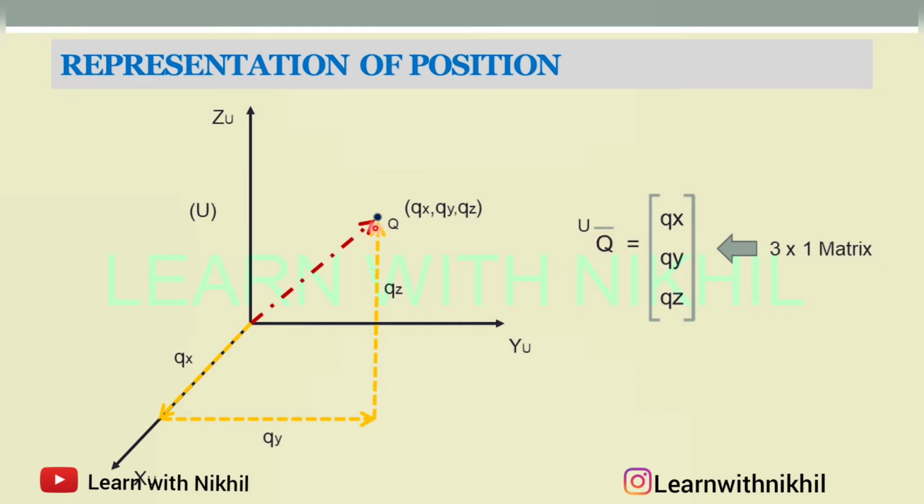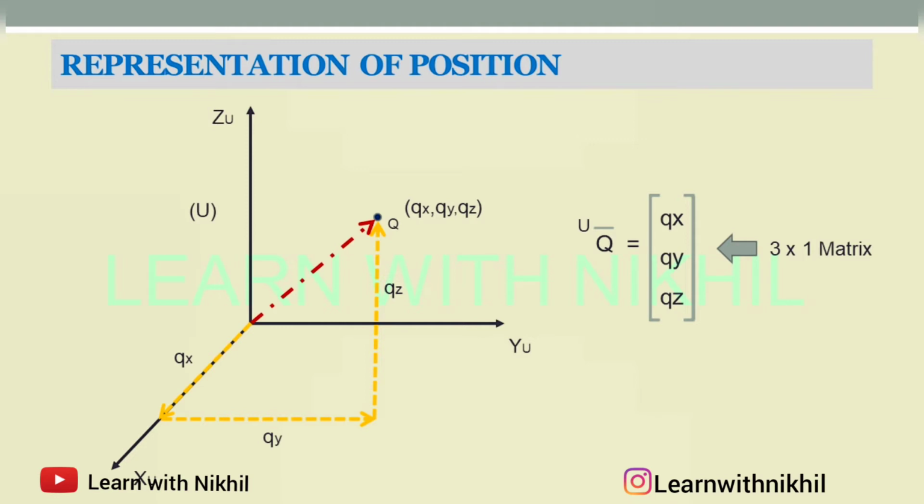So Q is this point which is represented with respect to the universal coordinate system, as a 3 into 1 matrix which gives Qx, Qy and Qz. So this is the position matrix. To find the position, you have to denote it like this.